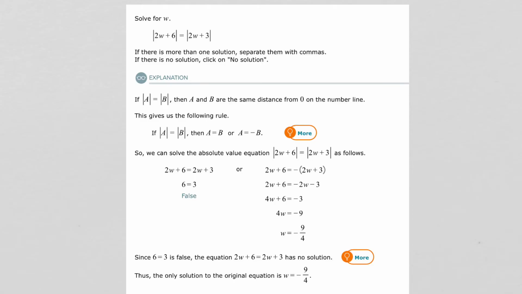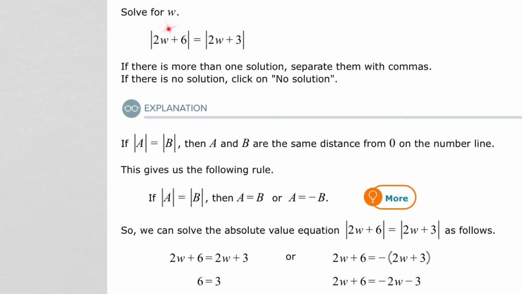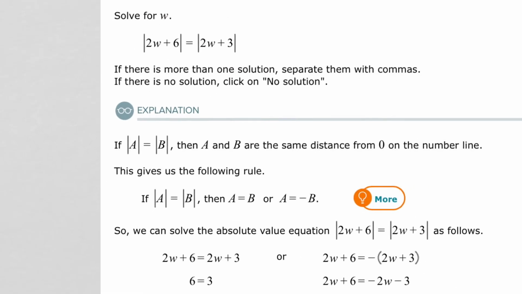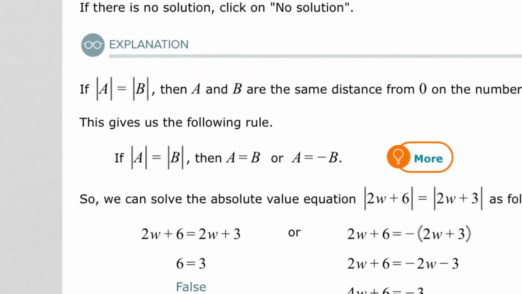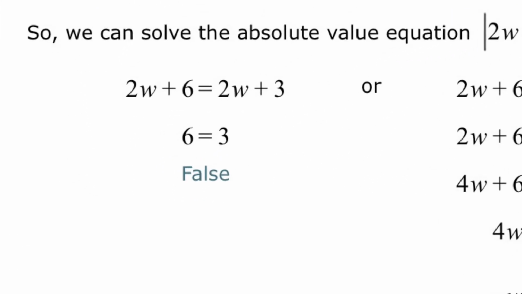Same thing here. We'll look at this without using the template. We have the absolute value of 2w plus 6 equals the absolute value of 2w plus 3. The first thing we do is drop the absolute value signs.